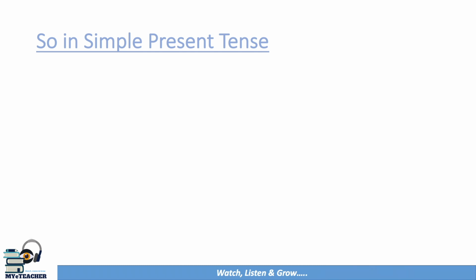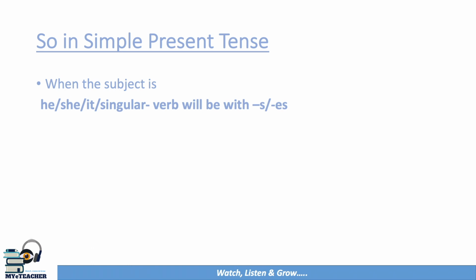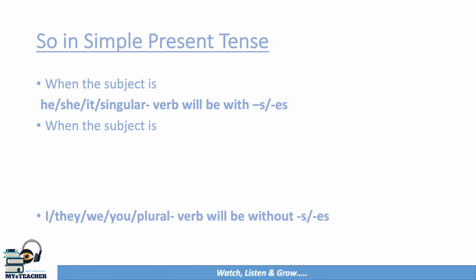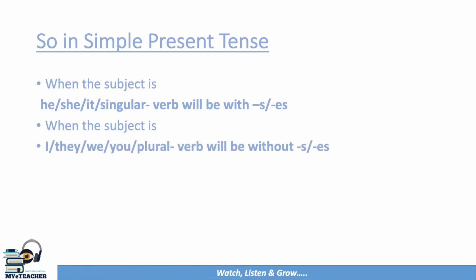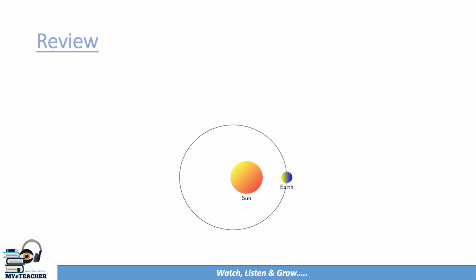It means that if we have subjects such as he, she, it, or any other singular subject, then the verb will be with an S or an ES. But if it's a plural subject, I, they, we, you, or any other plural subject, then the verb will be without an S or an ES.